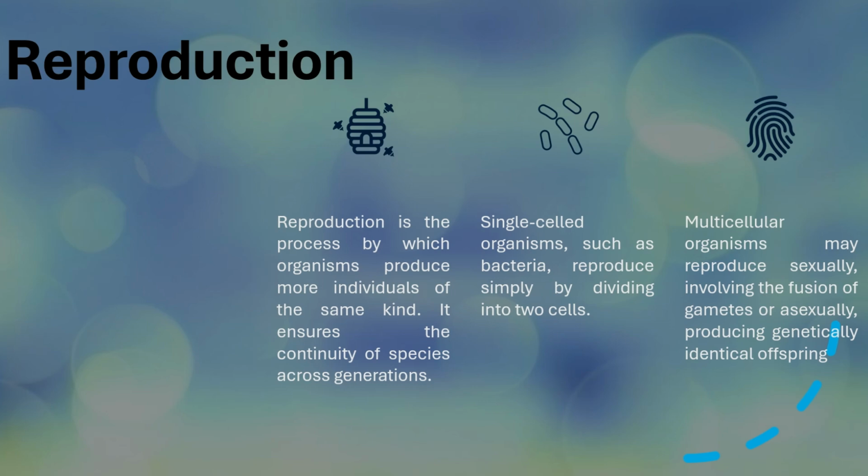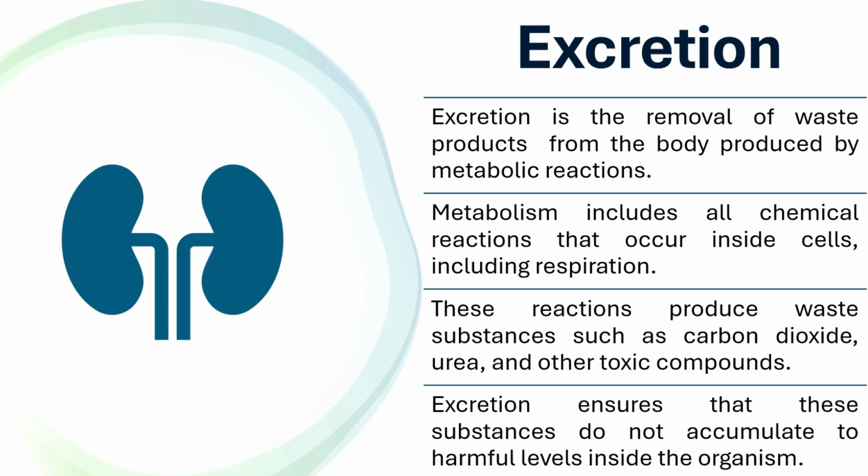But all that activity creates waste. So let's look at the letter E, which stands for excretion. Think of this as the body's essential waste management system. Every living cell is like a tiny busy factory. All the chemical reactions happening inside, which we call metabolism, produce waste.